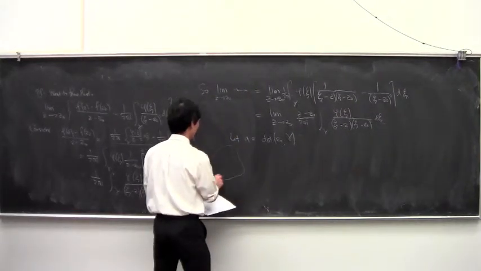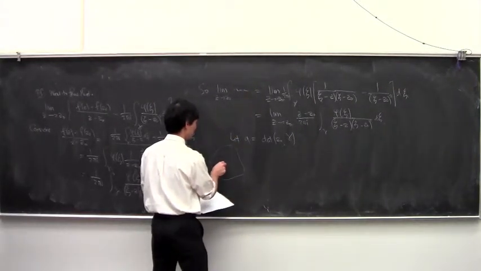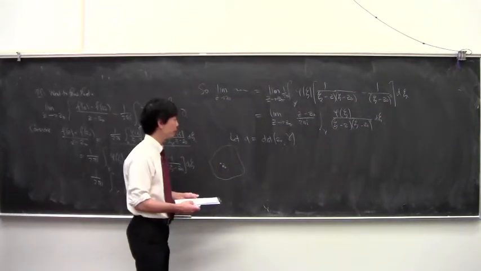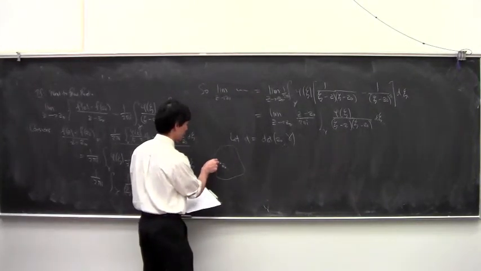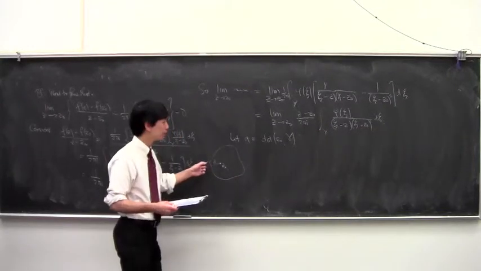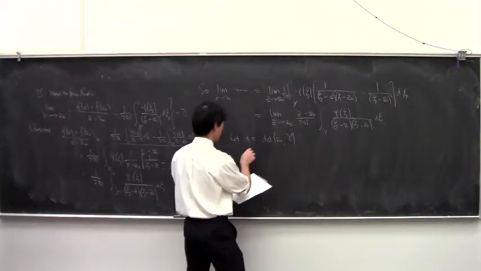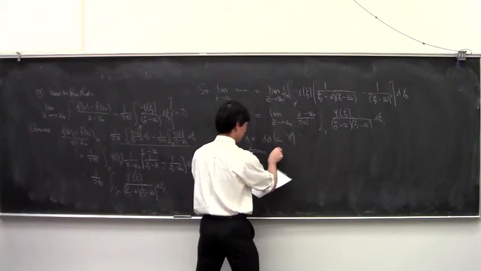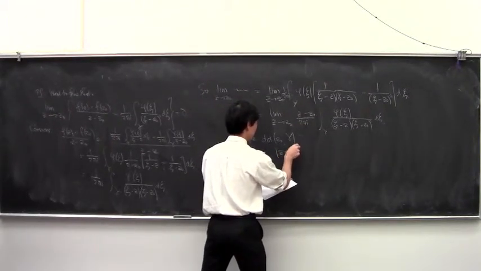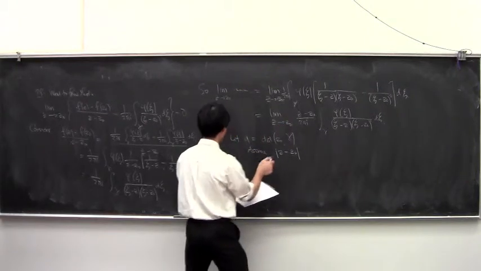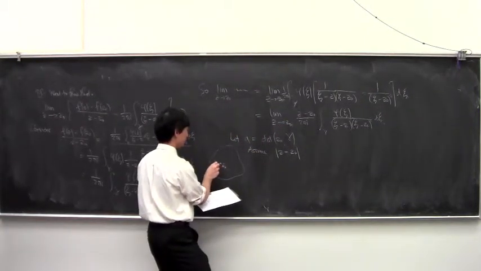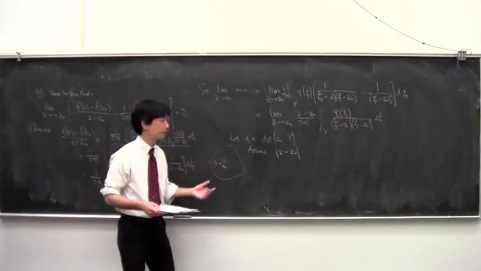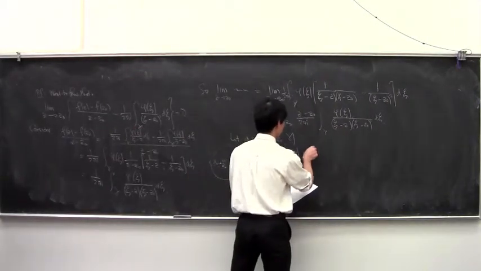So you have your curve, and you have z naught. d is the minimum distance from the curve to z naught, and assume that z is going to z naught, so let's assume that it lies in the half d ball.